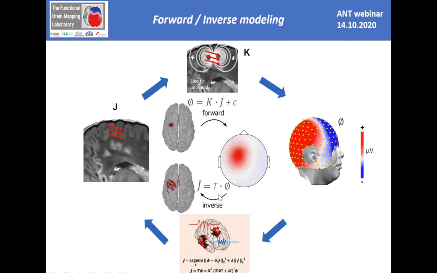But because we usually want to estimate more sources in the brain than we have recorded channels, we have to include additional constraints, right? Here is the very often used classical minimum norm solution, where usually you say your estimates times K must match your recordings, that is phi, right? So this term should be small, plus the sources themselves should be small, right? That's why it's called the minimum norm solution, because of course the estimate should explain the data, but also the sources themselves should be small, right? So one effect of this is that they usually don't cancel each other, right?